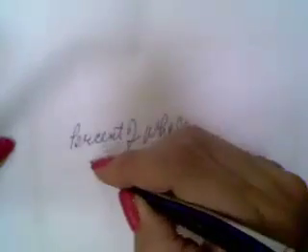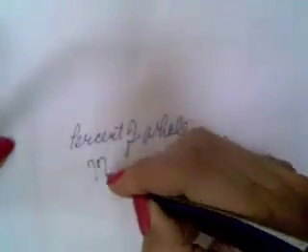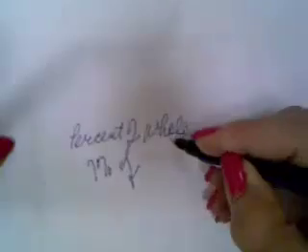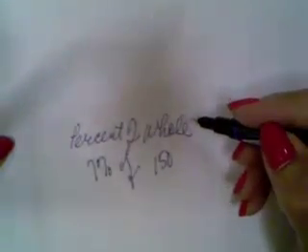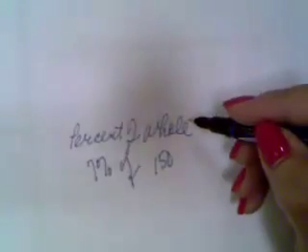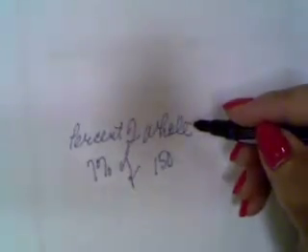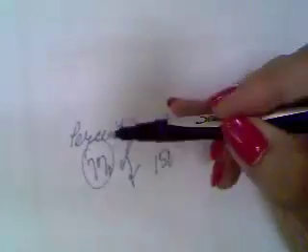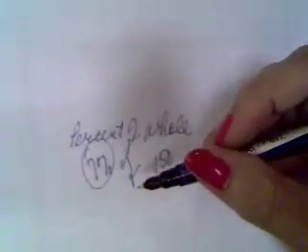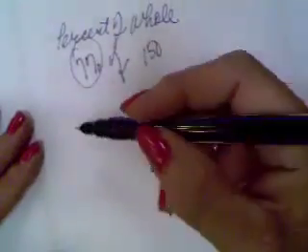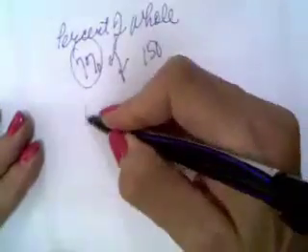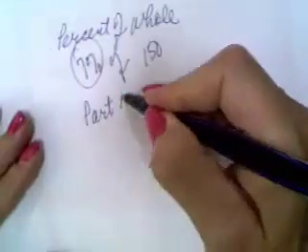So we knew the percent and we knew the whole. So we could use our manipulative and find out what 1% was and then multiply by the percent. All right, the next problems that we want to look at are the part of the whole.